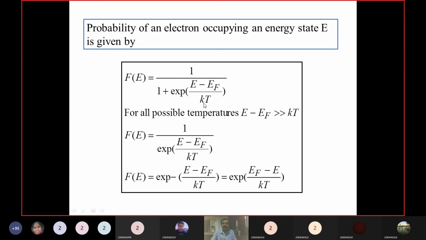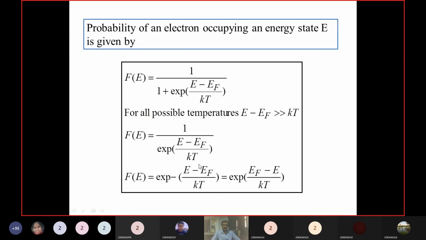So the exponential value is also very high, and that's why we can neglect the one value. Finally this equation becomes f of E equal to 1 by exponential of E minus EF by KT.